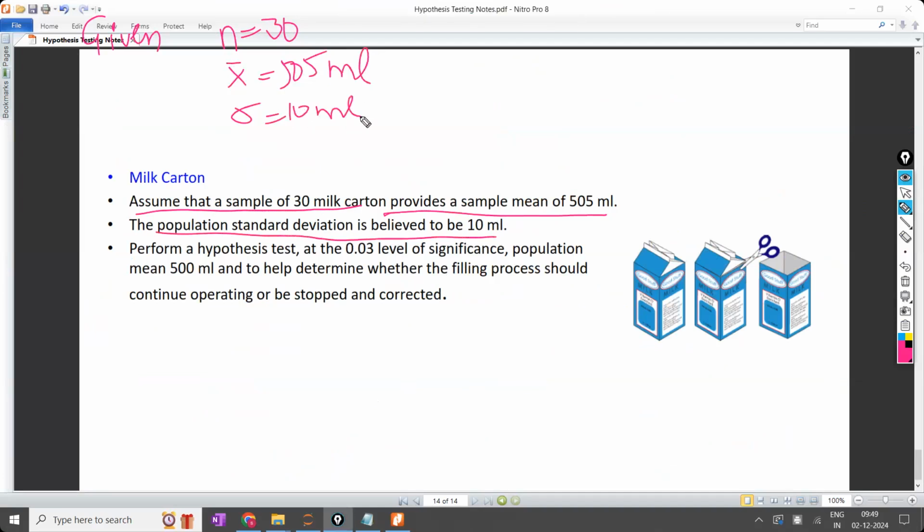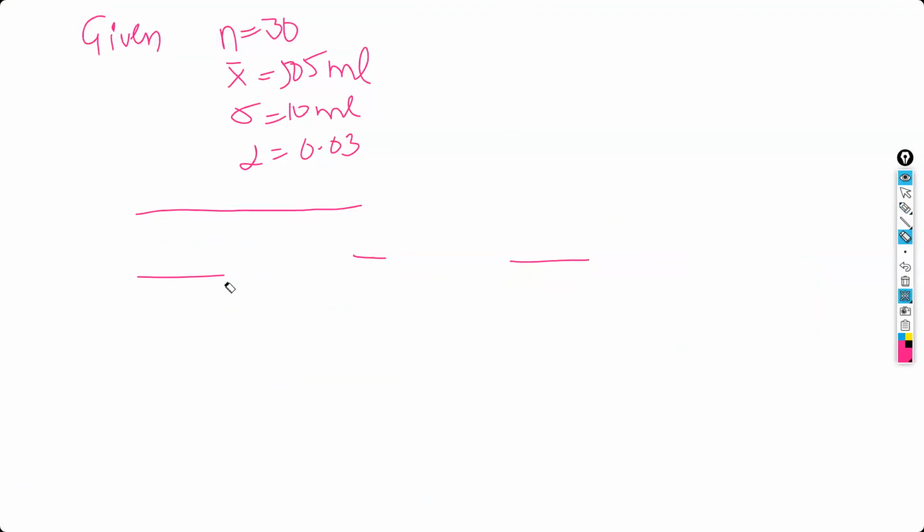Perform a hypothesis test at 0.03 level of significance. It is not 0.05, it is 0.03 level of significance. The population mean is 500. They want to test for 500 to determine whether the filling process should continue operating or stop and be corrected. Now, this is the question.